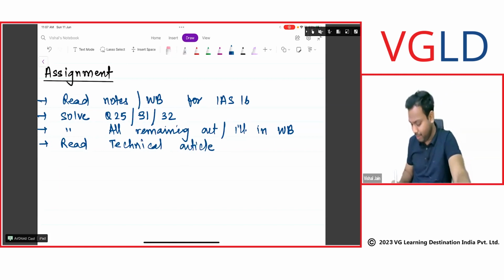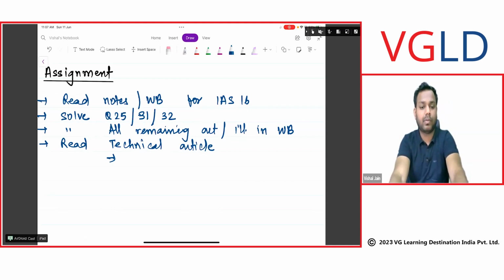Though we have covered everything in our class, you have to read them as well. I think there are two articles which you can read. Three articles, not one, not two, three.